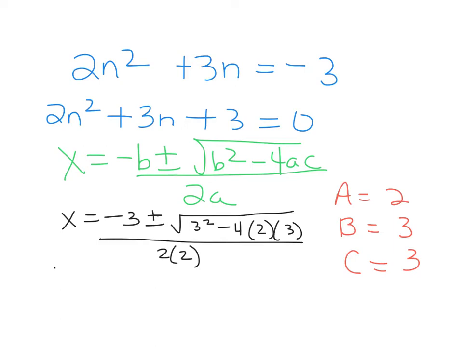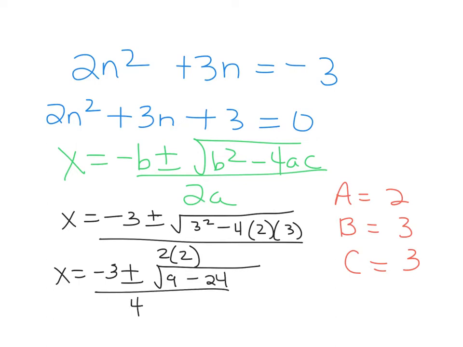Okay, so let's start looking at this. X equals -3 plus or minus the square root of 9 minus 4 times 2 is 8 times 3 is 24 all over 4.